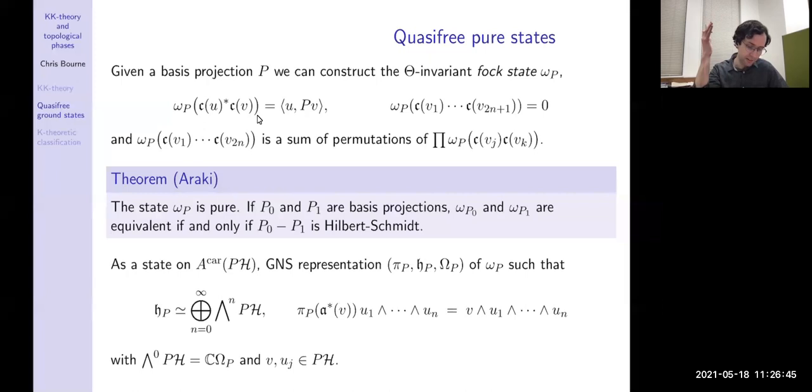One nice thing about these quasi-free states is that when you look at the GNS representation, usually a bit of an abstract construction, for these quasi-free states it is actually relatively concrete.